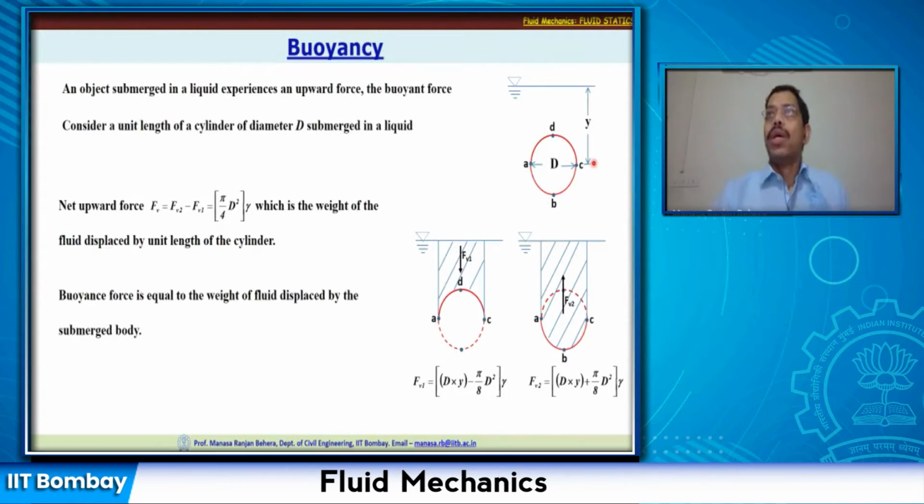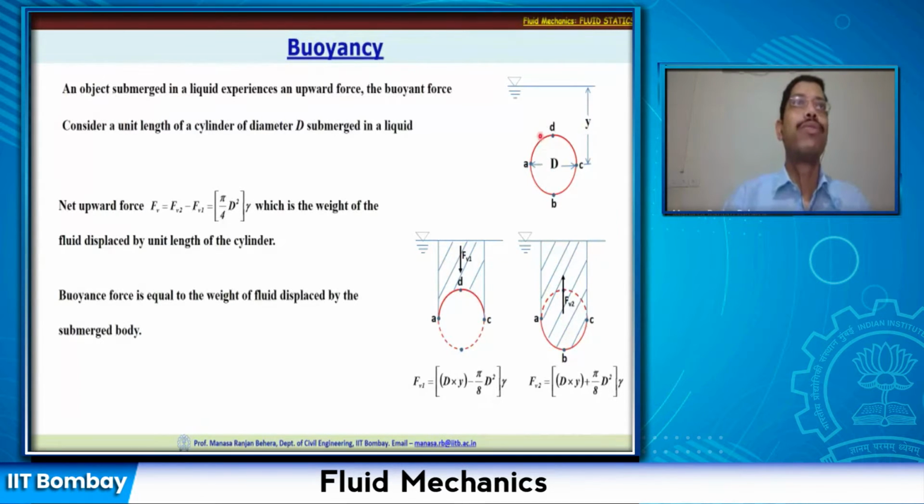The fluid will have some density, let us say rho. Accordingly, the unit weight of the fluid will be rho g, gamma, and the pressure we can find at any depth or any distance y is rho g y.